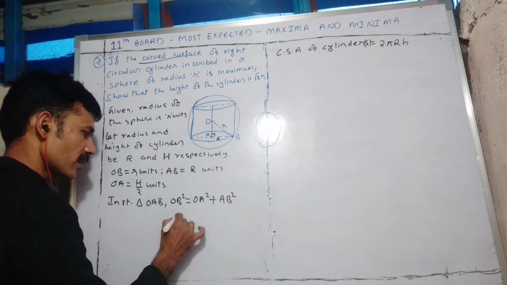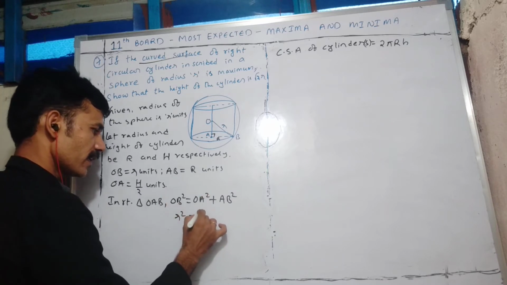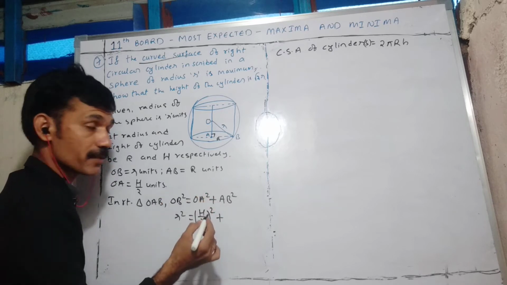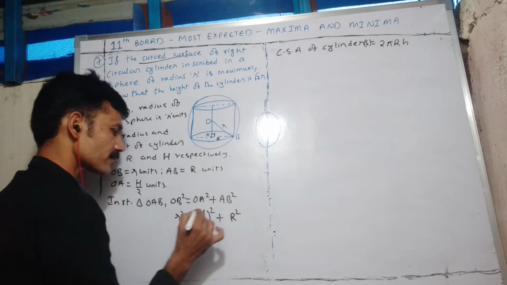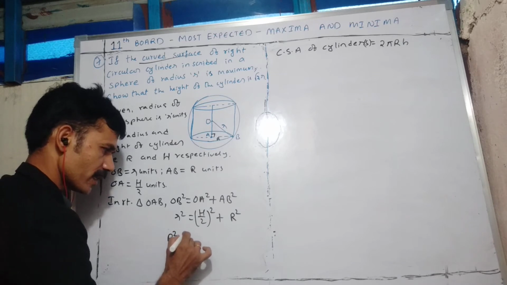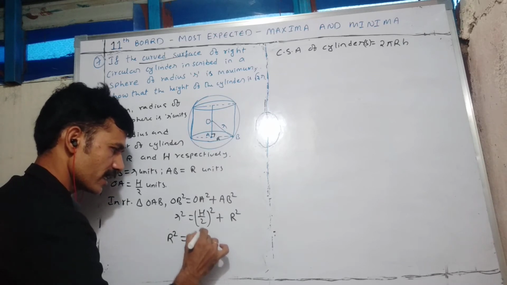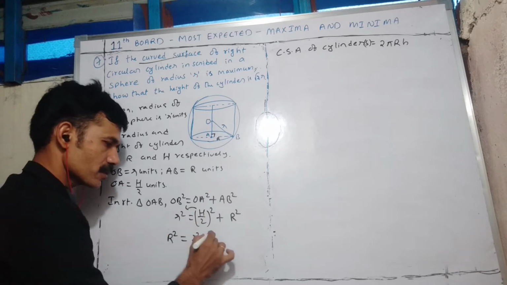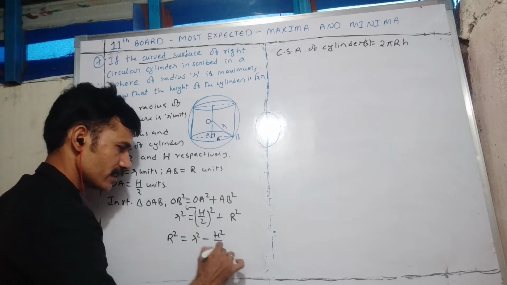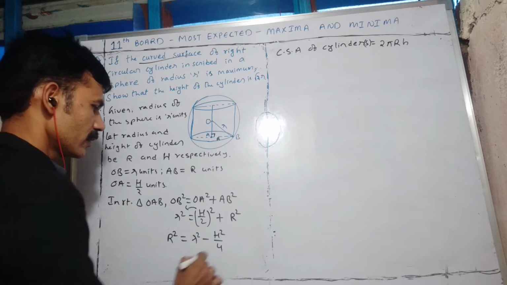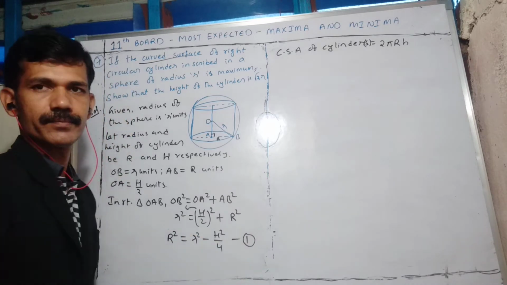Here OB means small r, OA is half of H, squared, and AB square means capital R square. We can describe capital R square in terms of small r square and this. You have to transpose this to that side. Here the whole square means H square by 4, no? We are transposing that to that side, with a minus. This you can take as 1.